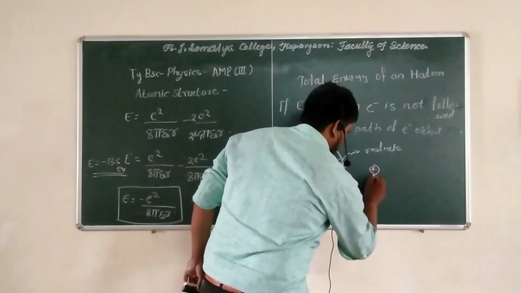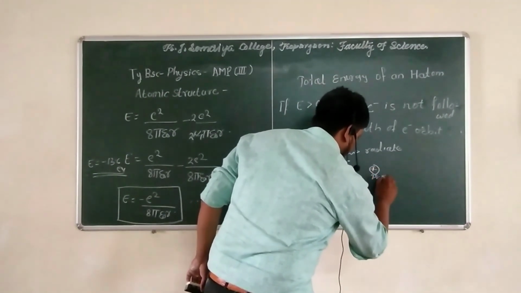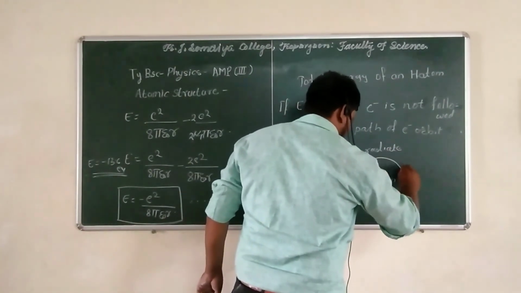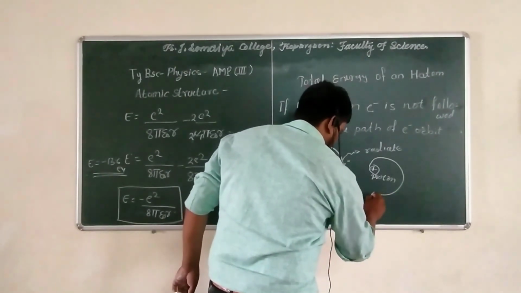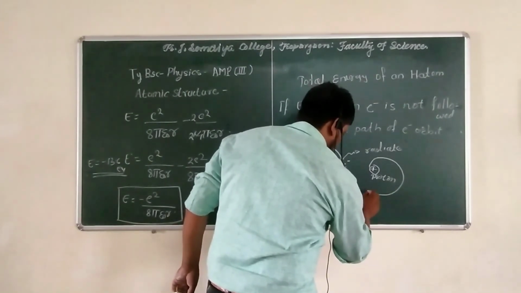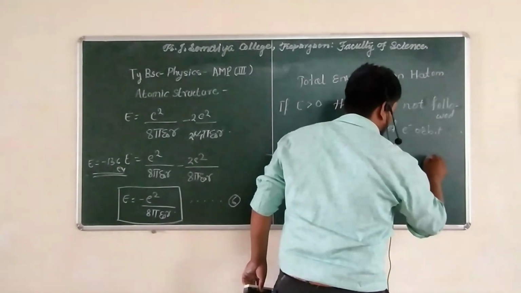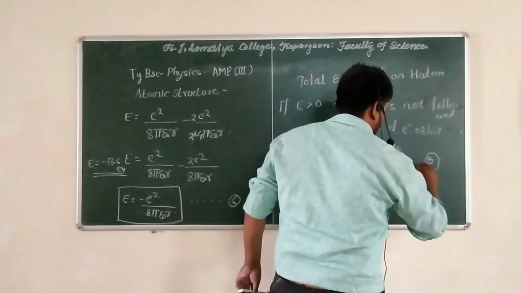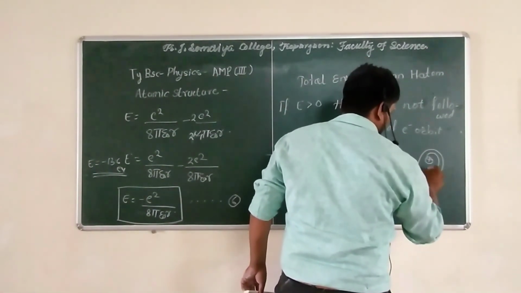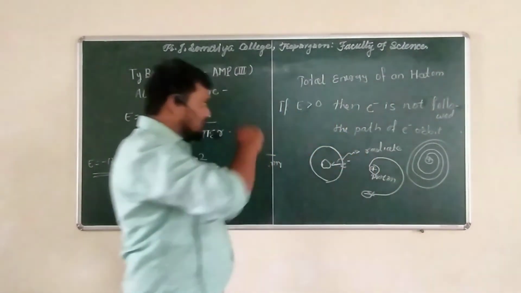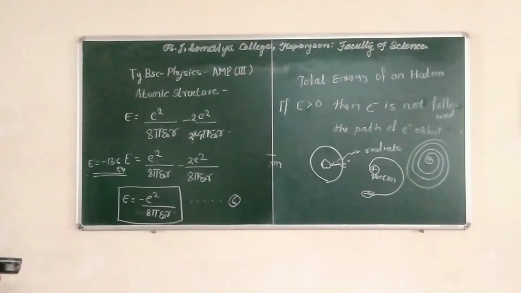Suppose this is a positive proton, and the electron radiates energy, and this is the negative. Finally we have to see the structure: this is the positive charge, and the electron collapses into the nucleus. Next, we will see the Bohr model of an atom.